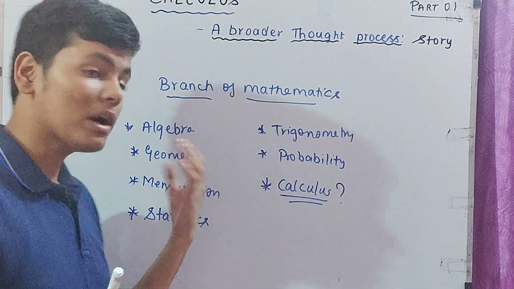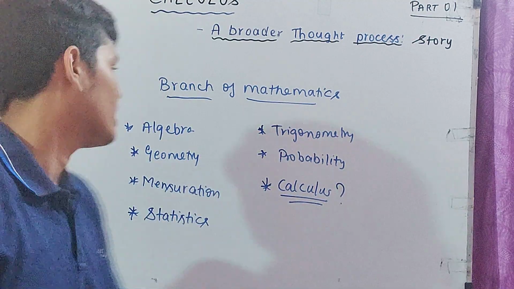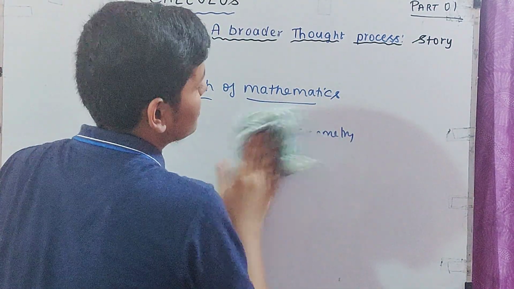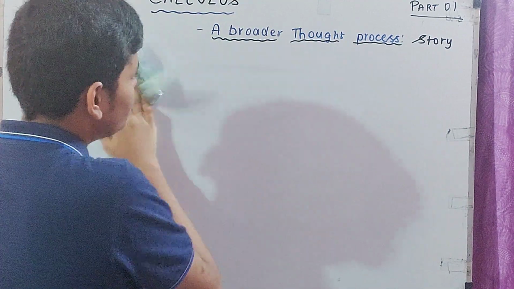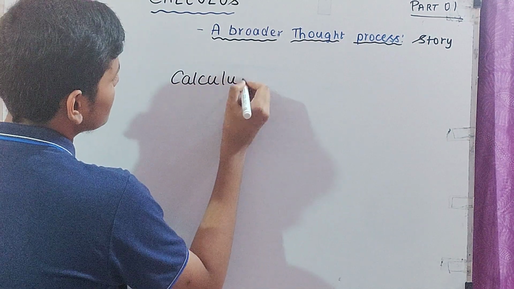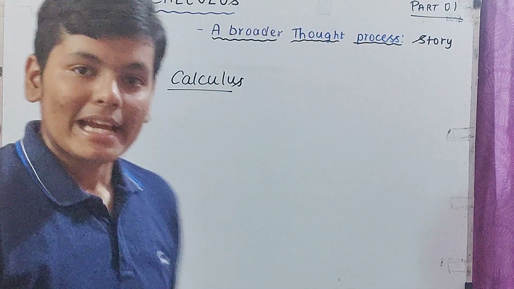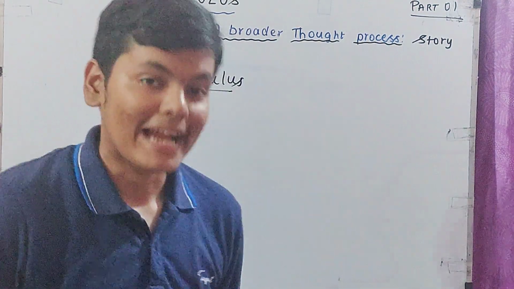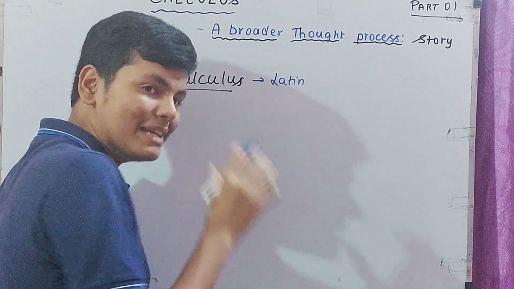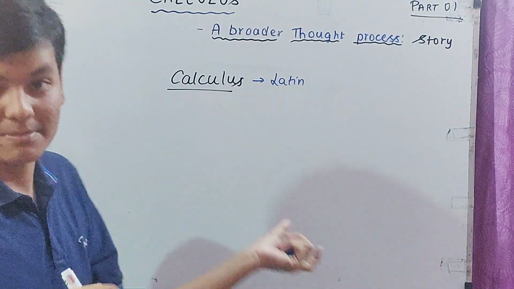So before moving on to what this topic actually deals with, let us go to the history of where we get the term calculus, or how we derive the term calculus. Starting off with the name calculus, it is originally a Latin word which means, guess what the word calculus means in Latin?